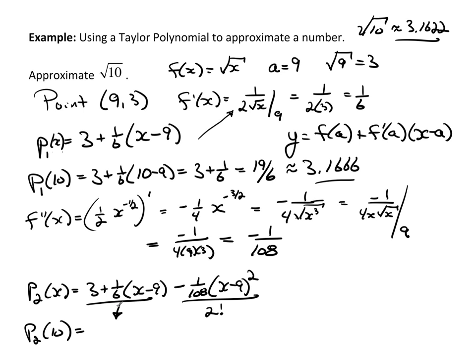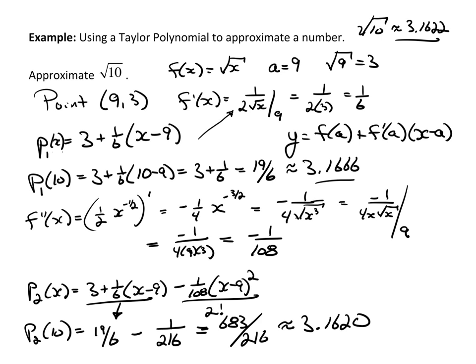This piece I said a few minutes ago was 19/6, minus, well, 2 factorial is just 2, so it's 1 over 108 times 2, which is 1 over 216. And then, of course, at 10, this is just 1 squared. So this is going to be equal to 683 over 216, which, if I put in a calculator, is approximately 3.1620.